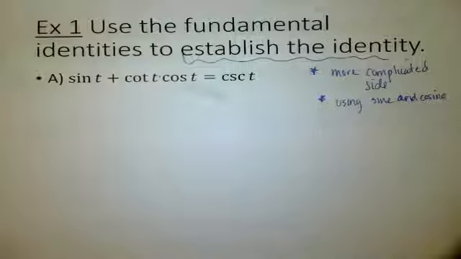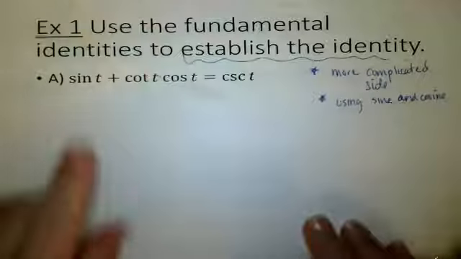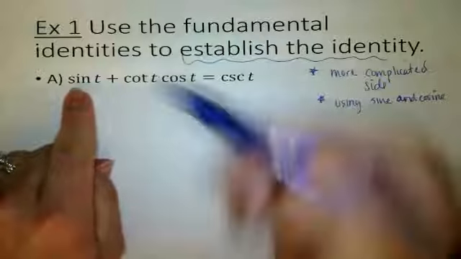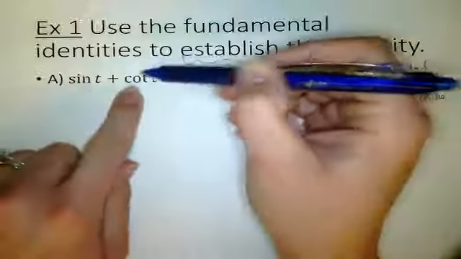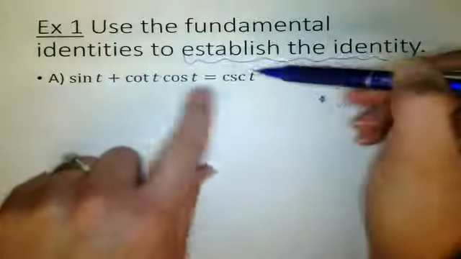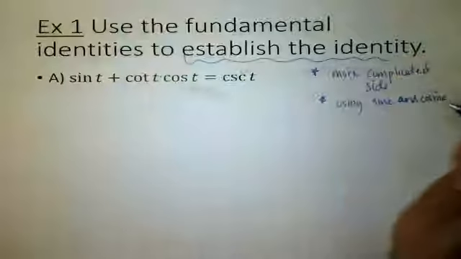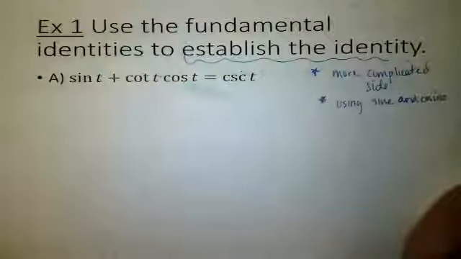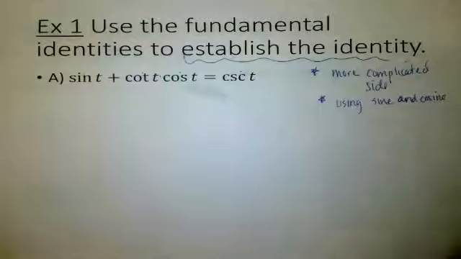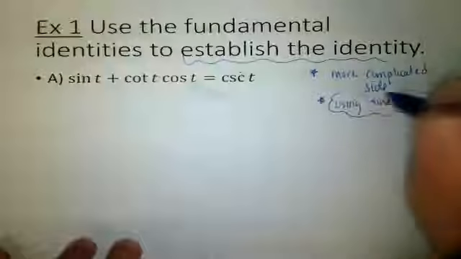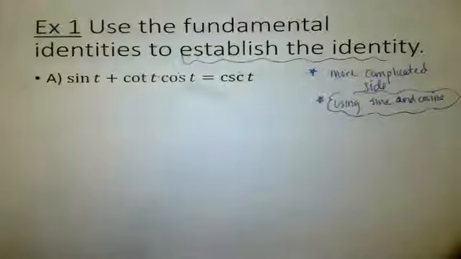Okay. All right. So when I look at this, I see that I have a sine function, I have a cotangent, I have cosine, I have cosecant, I have 4 different trig functions, and because I have 4, I'm going to change them so that I only have sine and cosine.